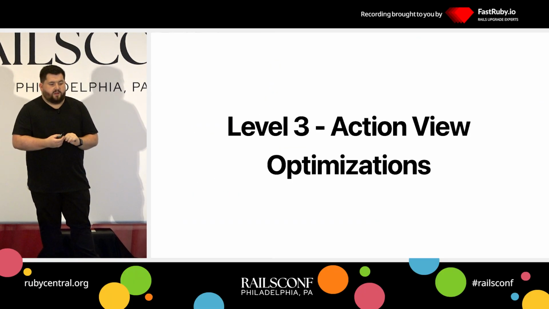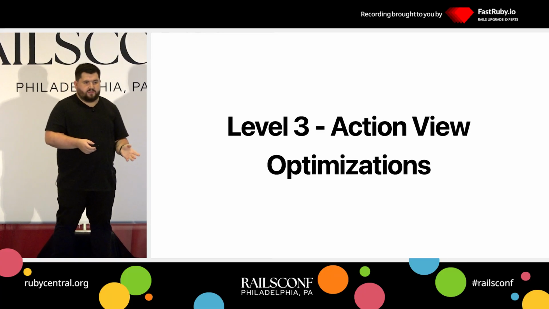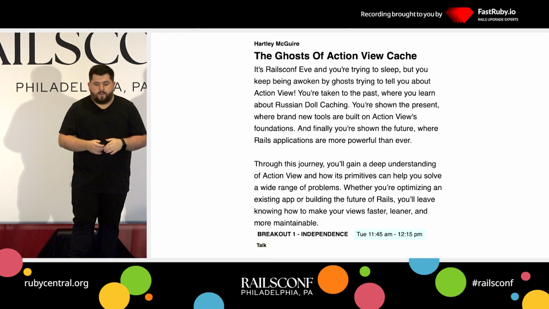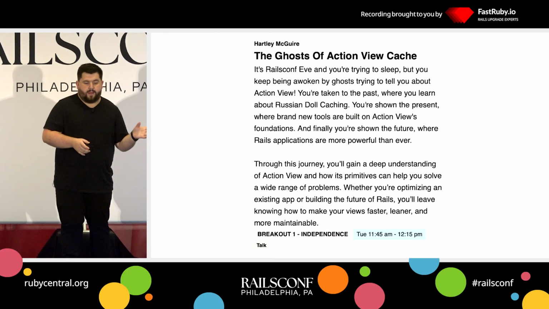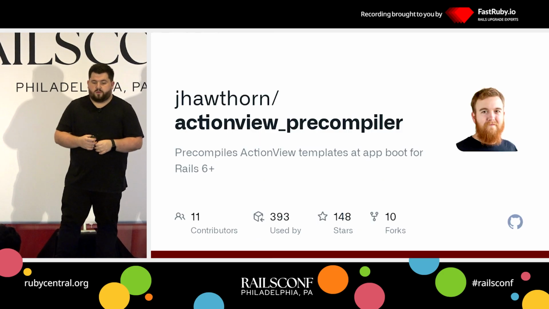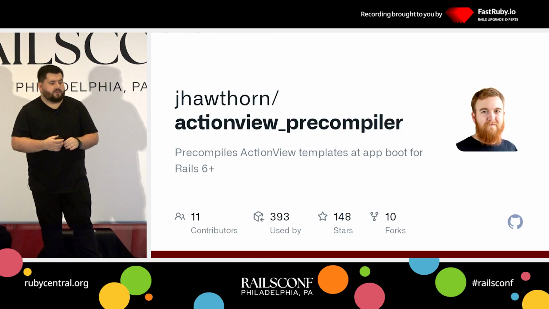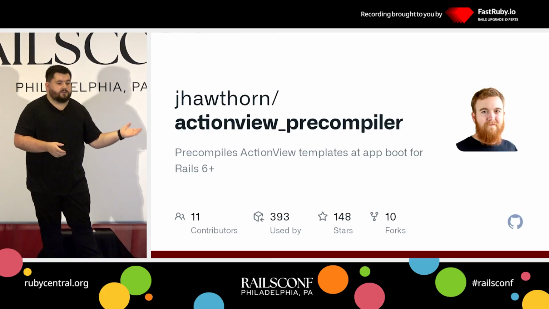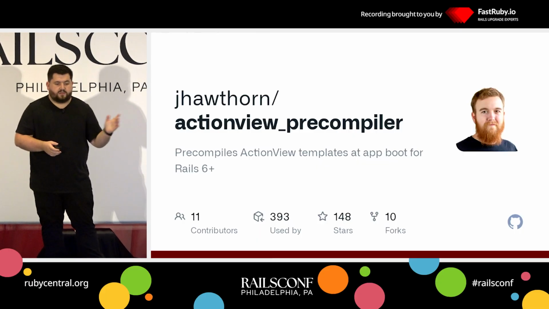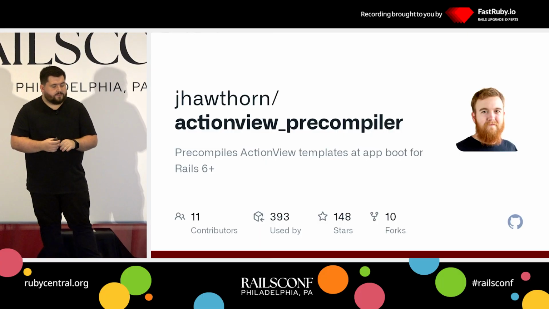There's probably also more we can do with Action View and optimizations of how it compiles and how it renders these templates behind the scenes. And I guess Hartley did some of that exploration on the first day in his talk. But there's also more from John here, where he is pre-compiling templates on boot, so it's more memory efficient.